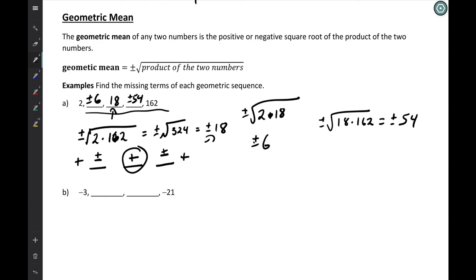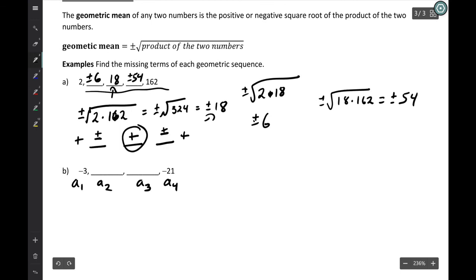All right, last problem. Okay. To do this, we use a similar method as before. Label them a sub 1, a sub 2, a sub 3, a sub 4. And if I have the fourth term and the first term, I can use my equation to solve for r. So I know a sub n is equal to a sub 1 times r to the n minus 1.